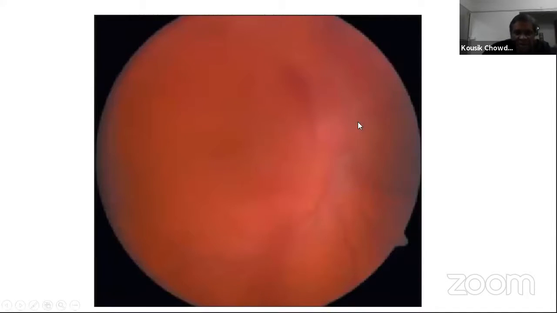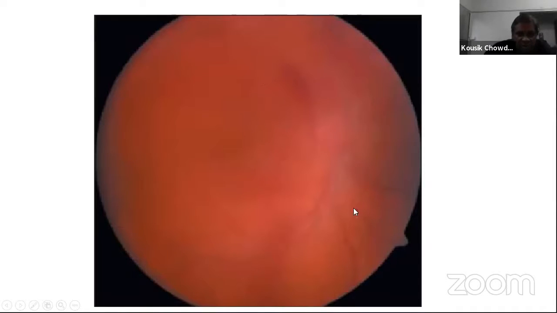And this is another complication. Blood has come into the vitreous. Vitreous is a gel-like substance which lies in front of the retina, and the blood has come into the vitreous and obscures the view of the retina.